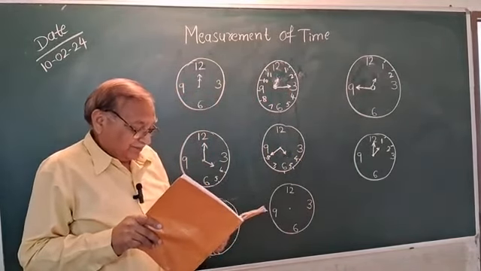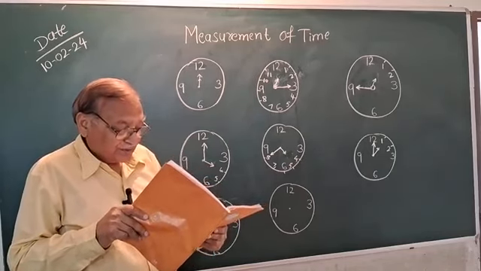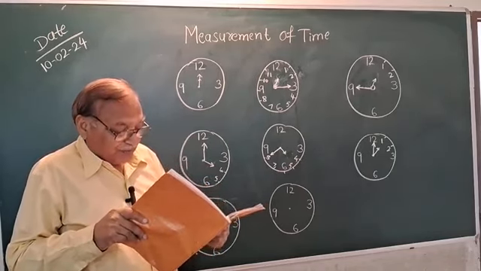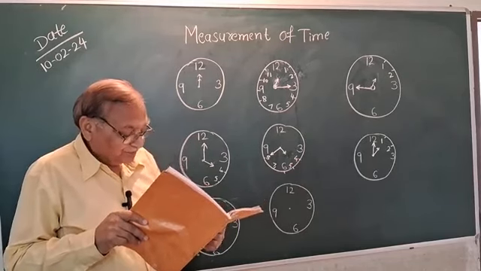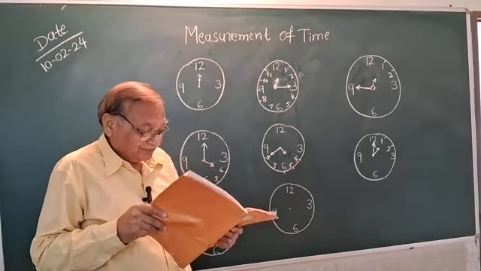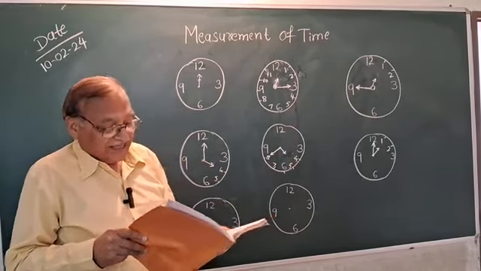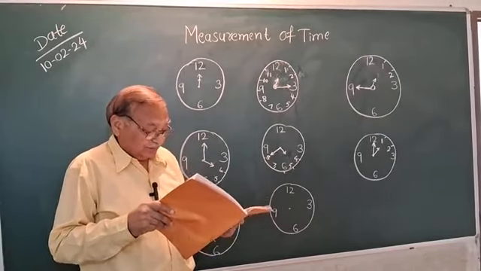Tie. Great. When the minute hand moves forward, starting from 12 and reaching 12 again, it has completed 1 round.